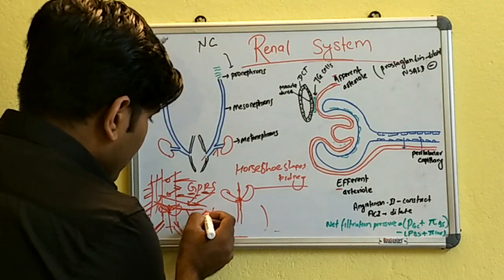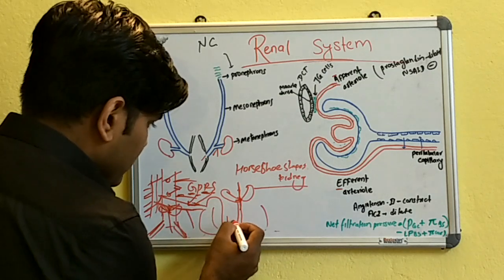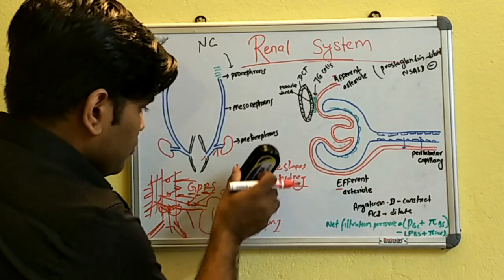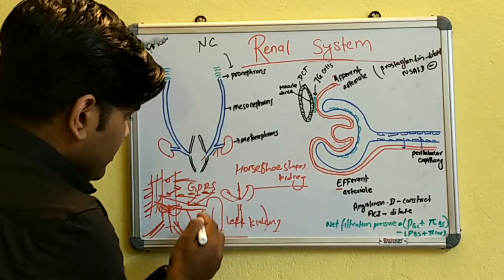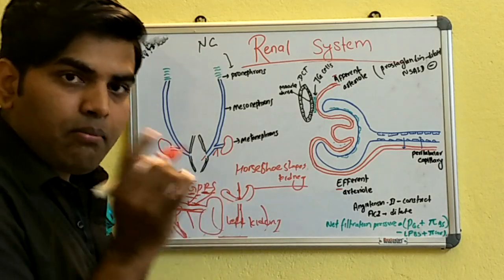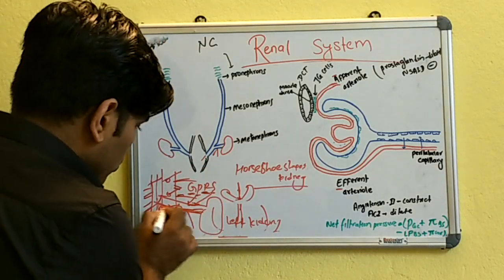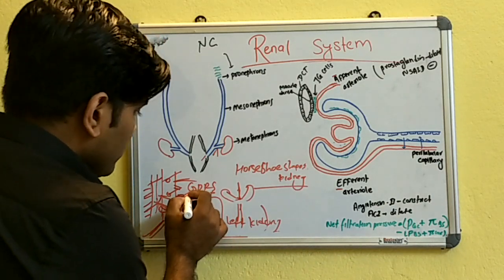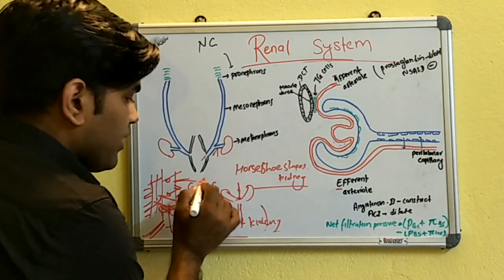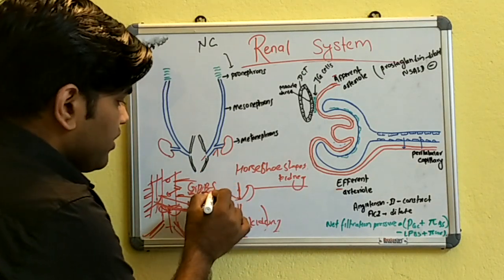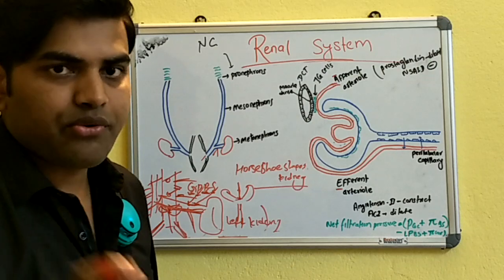So the left renal vein drains into the vena cava, but it has a long course, meaning it is a long vein, and other veins drain into it: the gonadal vein, the phrenic vein, and the suprarenal vein. That you have to remember.